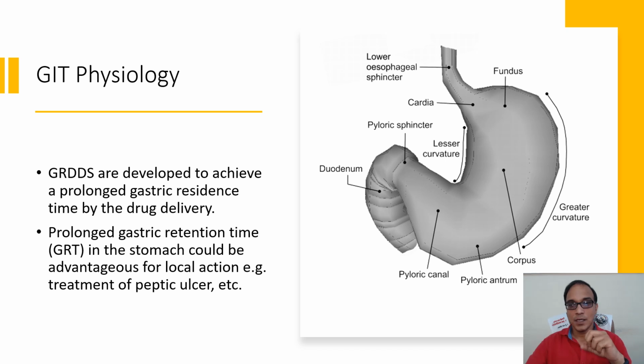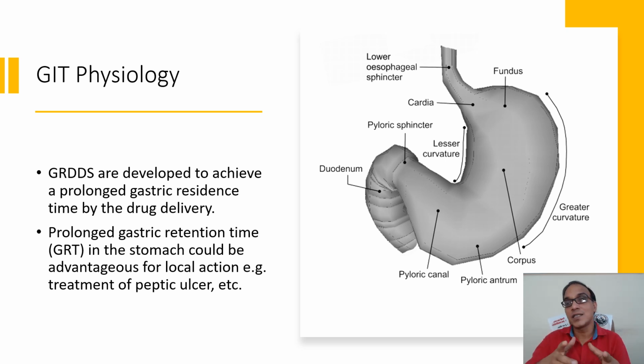Let's have a quick overview of GIT physiology. As you can see in the diagram, we are developing GRDDS to achieve a prolonged gastric residence time, GRT, by this kind of drug delivery system. Prolonged gastric retention time in the stomach could be advantageous for local action, for example, in the treatment of peptic ulcer.